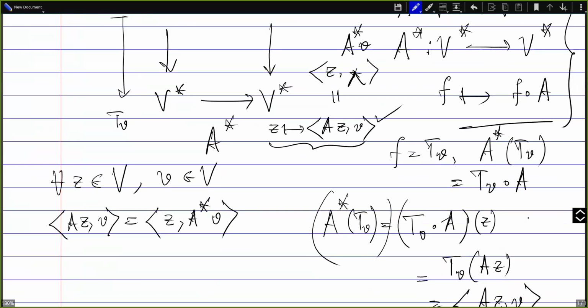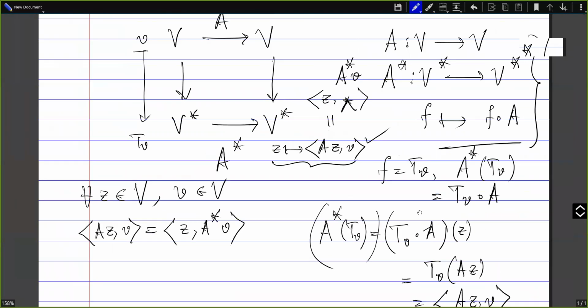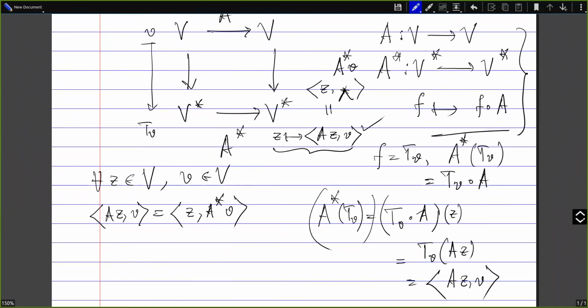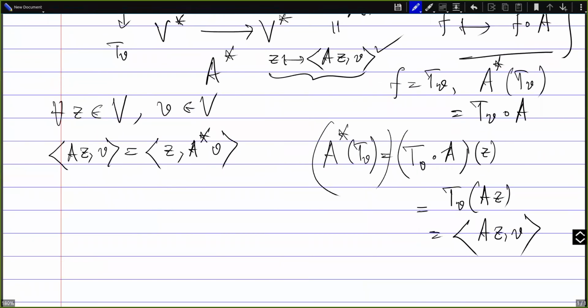Because for each V we get TV, and A star TV is a map, by the Riesz representation theorem there should be a vector. That's what we are defining by A star V. So what advantage does that give us?